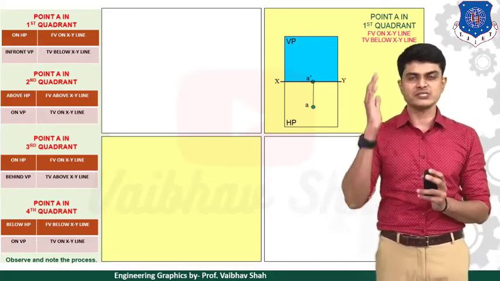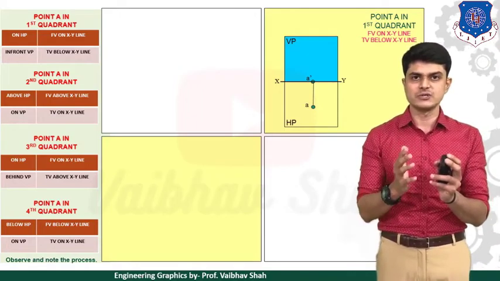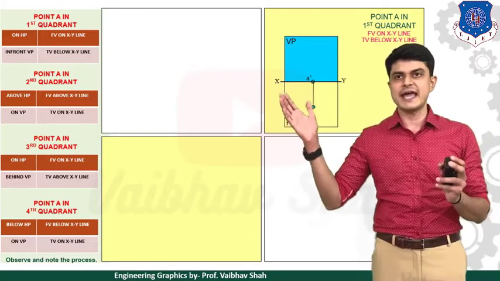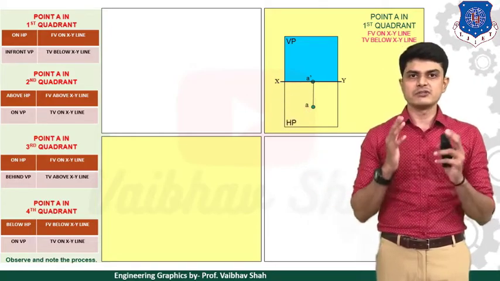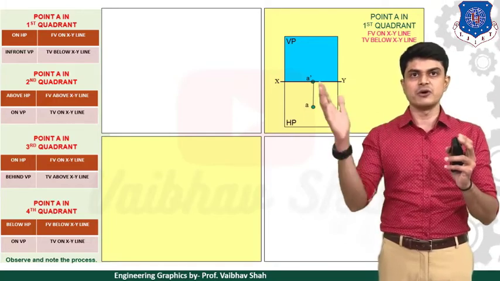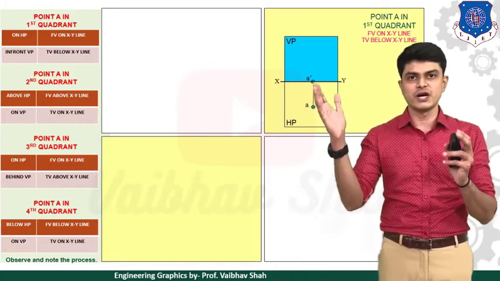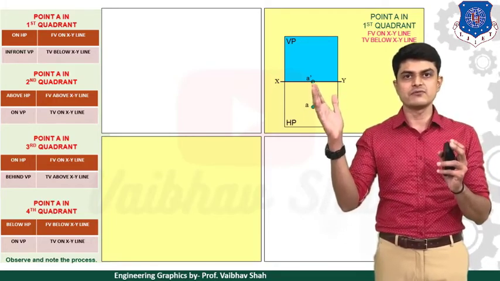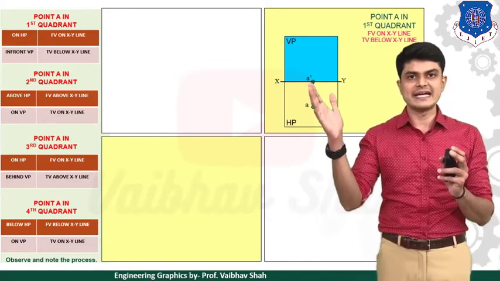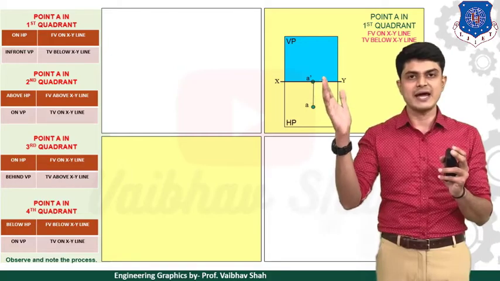Whenever your point is in the first quadrant, what will happen? Let us see on the table on the left. Here the point is on HP and it is in front of VP. Whenever you have any point on HP, your answer would be on the XY line like this. So your front view, or your elevation view, would be lying on the XY line. This is your A dash point lying on your XY line.